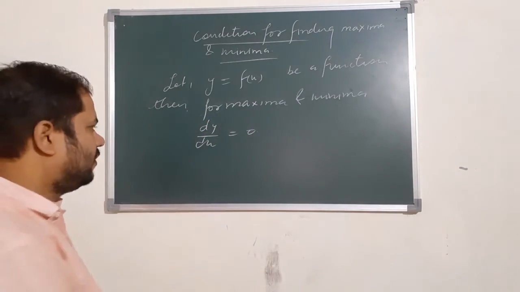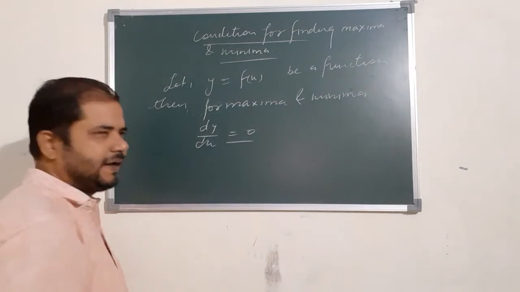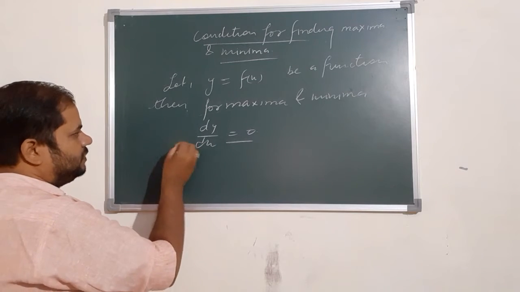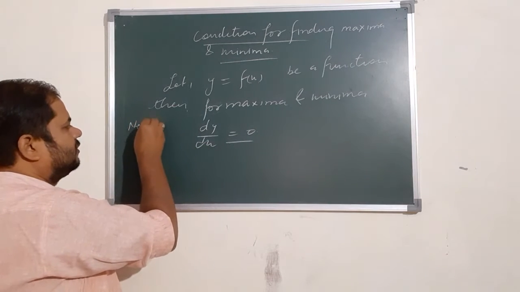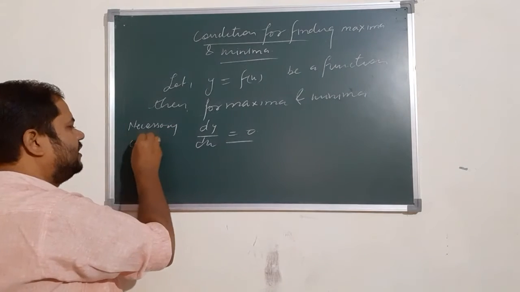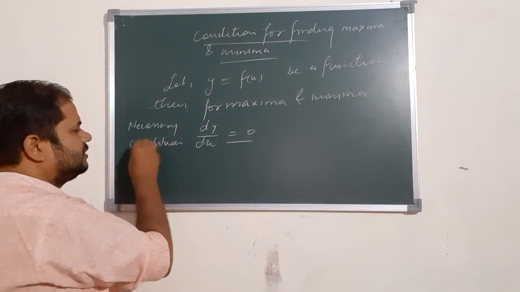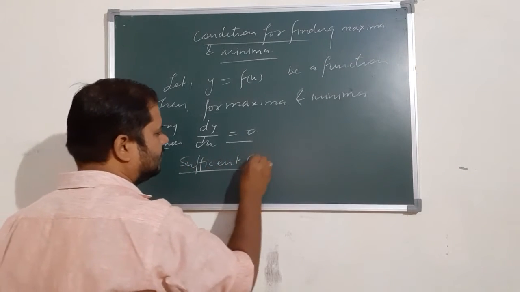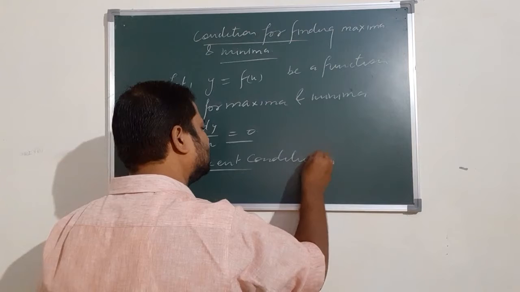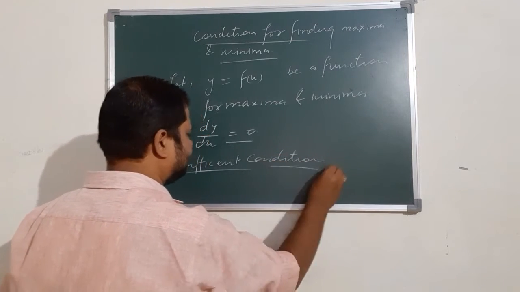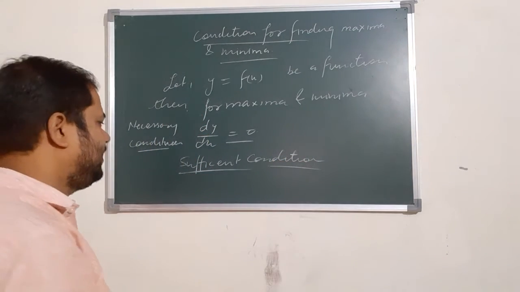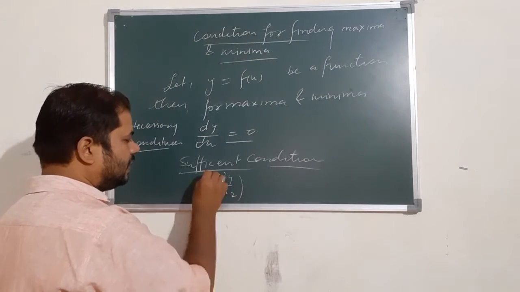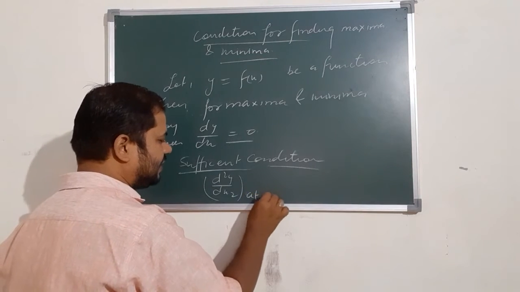From this we get critical points at x equals x1, x2, x3, whatever. Now this is the necessary condition. And what is the sufficient condition? Sufficient condition is d2y over dx2. We find d2y over dx2 at x equals c, that means the critical point.